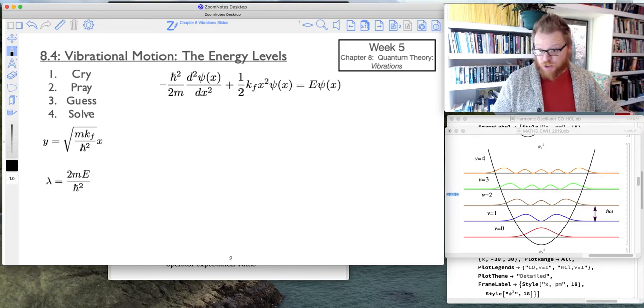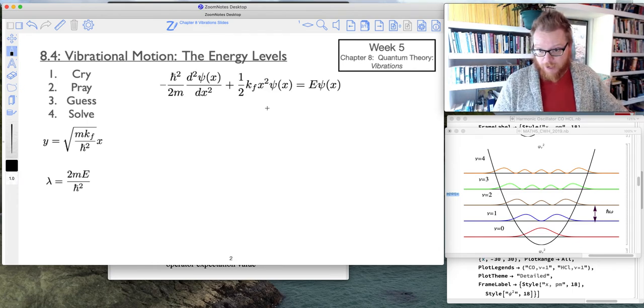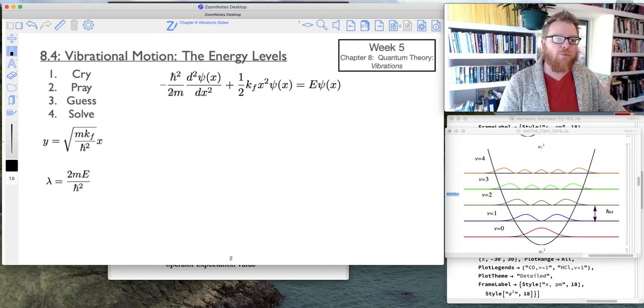So the first thing we're going to do, like we've always done, is rearrange the second order differential equation in terms of the reduced form. That's going to go as follows. First I'm going to multiply through by negative 2m over h bar squared.